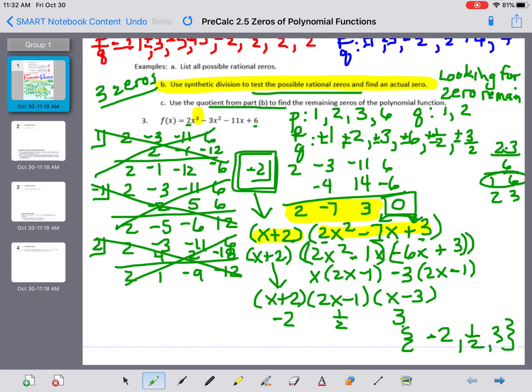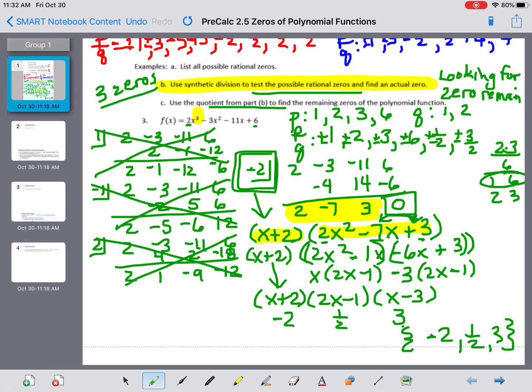Is it an easy and fast process? No, but it's doable, okay? So we list the possibles, use synthetic division to test them, and then take our remaining one and go from there. The key is once you find one, work to make your equation smaller, because the smaller you can make it, the more it is able to be solved, okay?